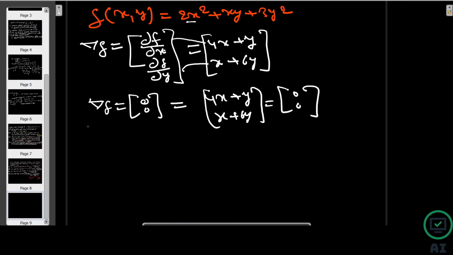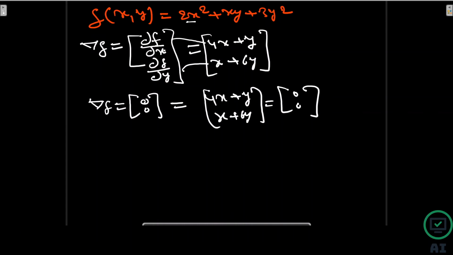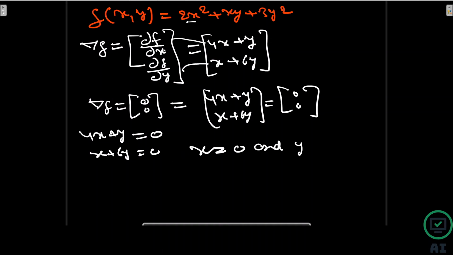So we will get two equations here: 4x plus y equal to 0 and x plus 6y equal to 0. If you solve this, we will get x equal to 0 and y equal to 0.